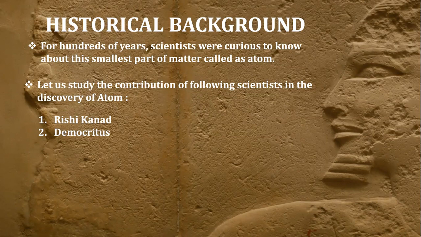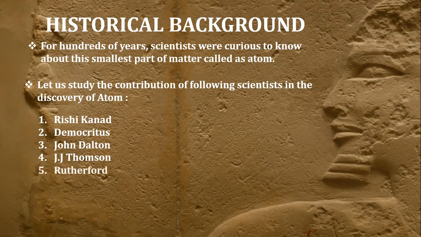Then the actual theory of the atom was given by John Dalton, called Dalton's atomic theory, where he finally stated that matter is made up of indivisible particles called atoms. After John Dalton postulated his theory, various scientists studied the structure of the atom. We had Thomson, who gave the plum pudding model.